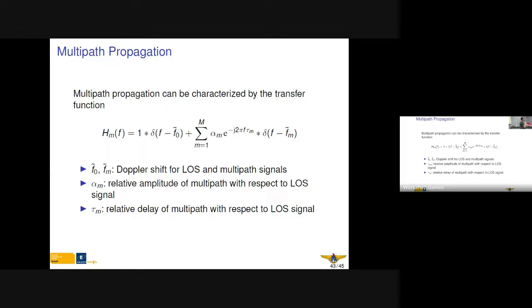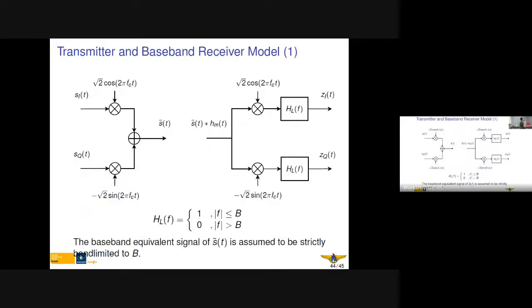And now we can also have a look at what happens in baseband again. So we have our transmitter on the left-hand side, our receiver on the right-hand side.